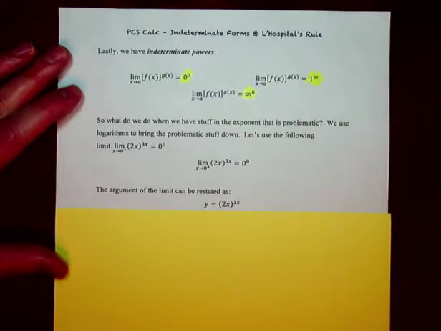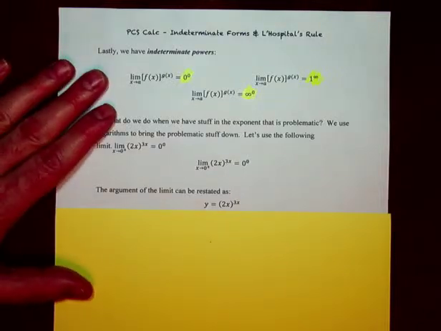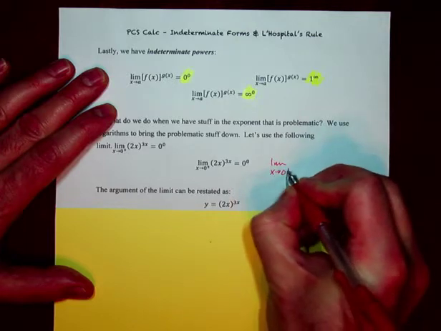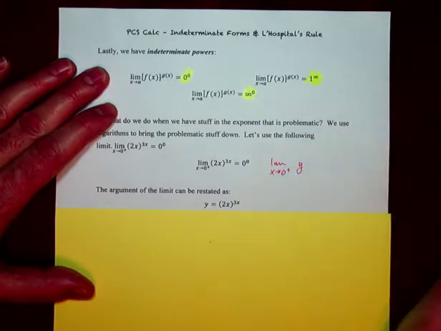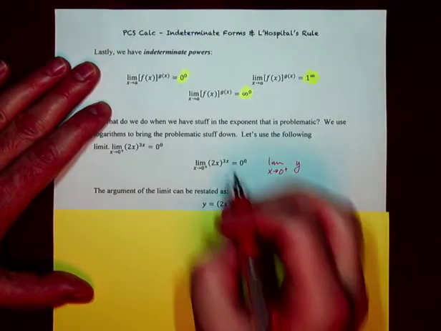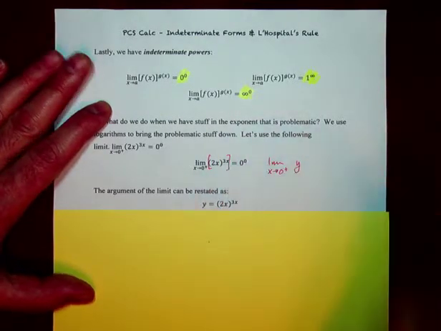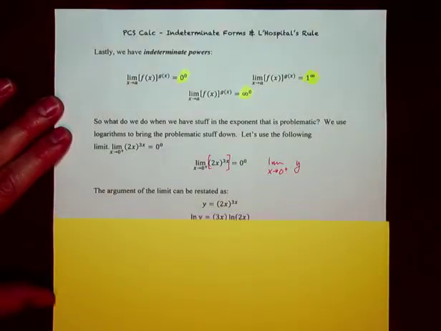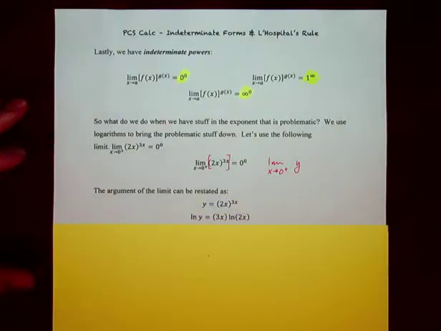So basically this is a limit, the limit as x approaches 0 from the right of some function that we'll call y. And y is, of course, this expression. Well, if we define that as y, we need to take the natural log, and that allows us to pull down that 3x.